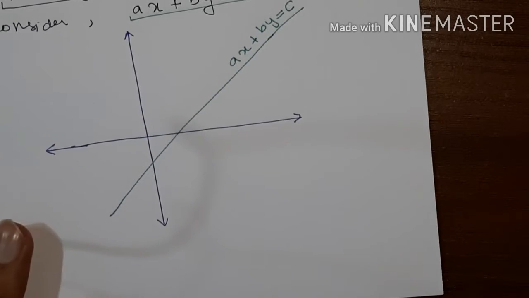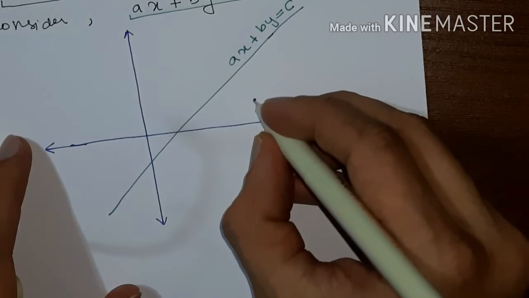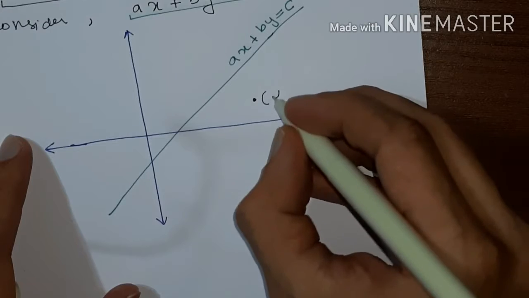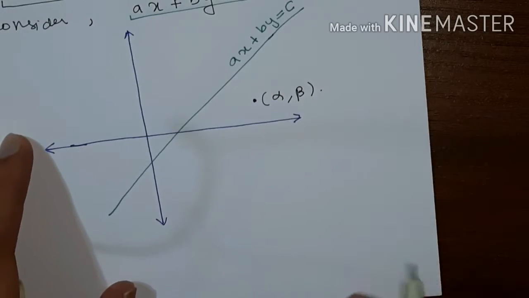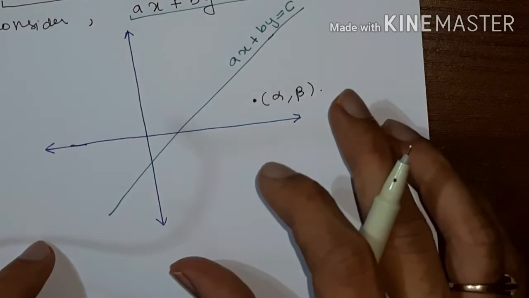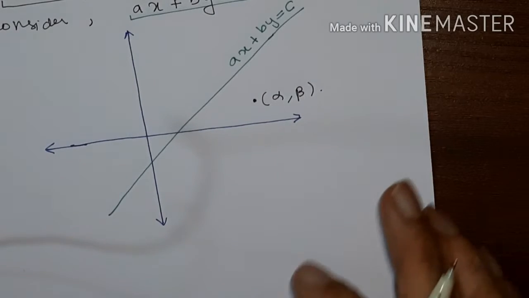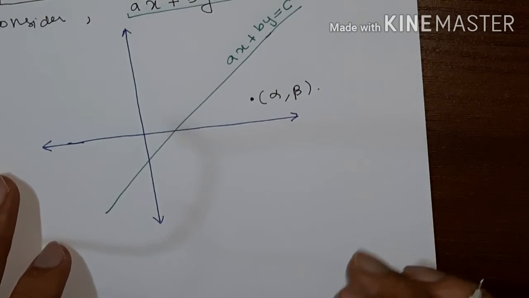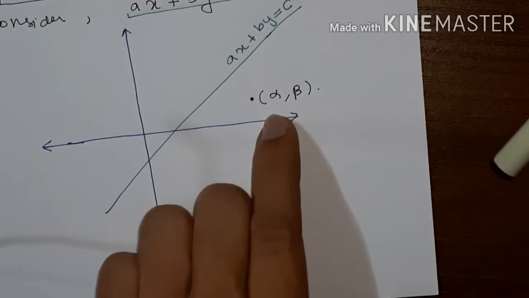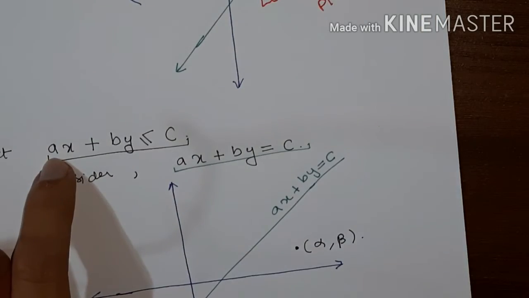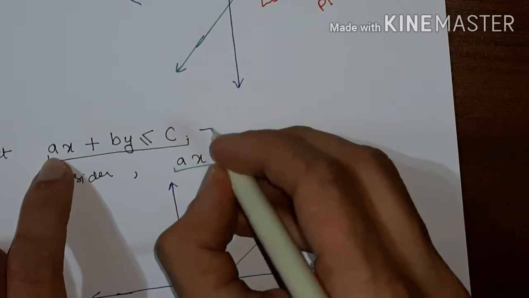Now suppose you consider a point here, that is say alpha comma beta. Suppose you substitute this point in this inequality, let us call it 1.